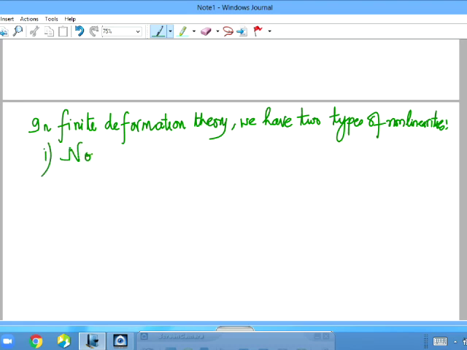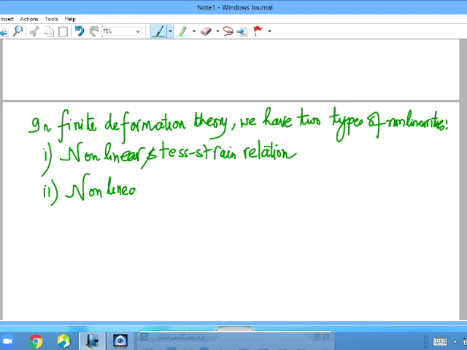Number one is nonlinear stress-strain relation. And number two, we have nonlinear strain-displacement relation.